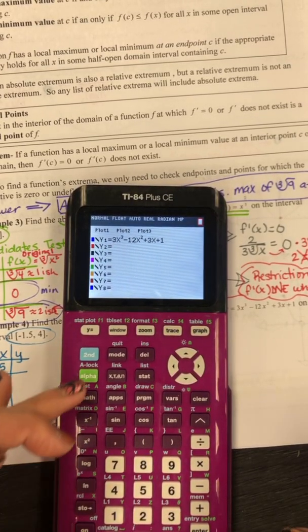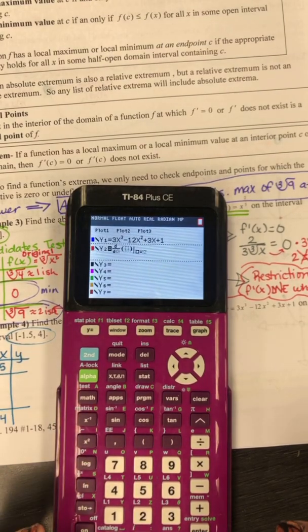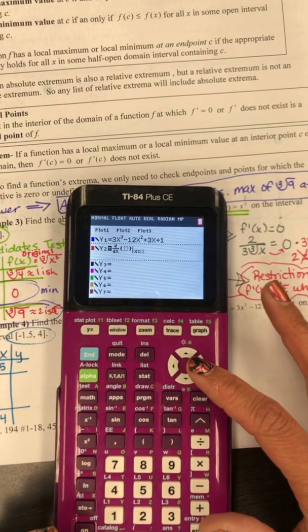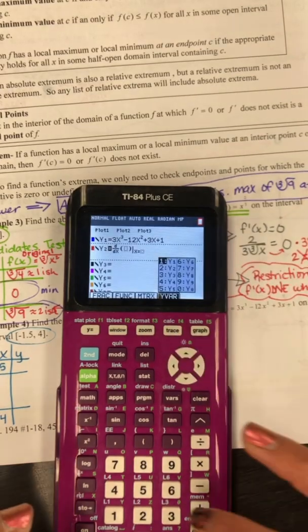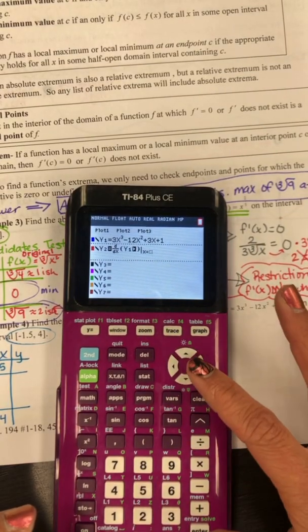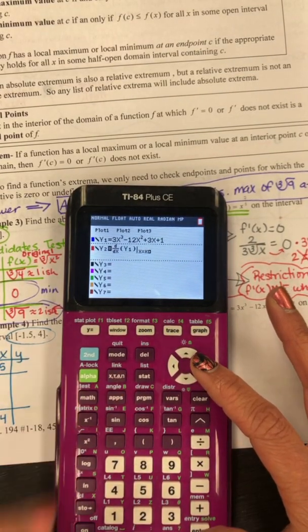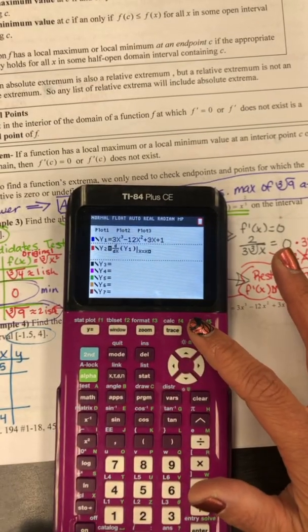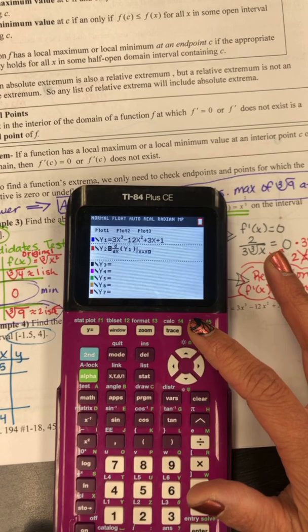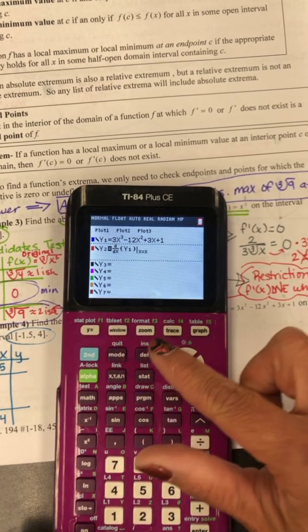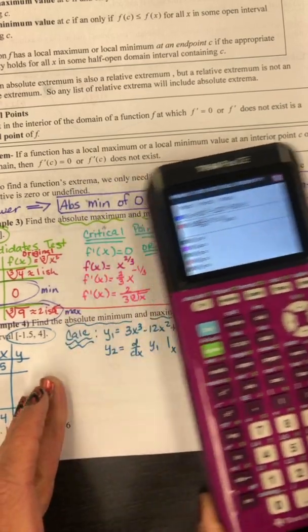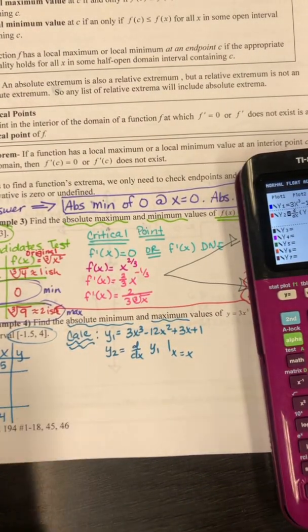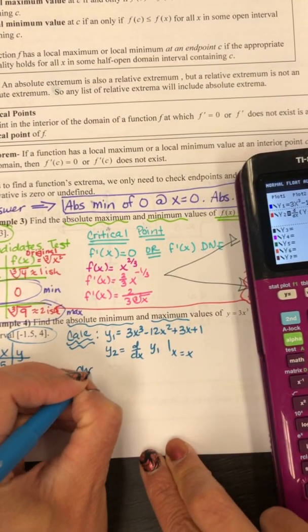So I need math 8 ddx of, and let's hit alpha trace y1 so that we can put y1 in there, x equals x, okay? And then we're going to, before we graph it, I want you guys to take note that you also need to change the window.